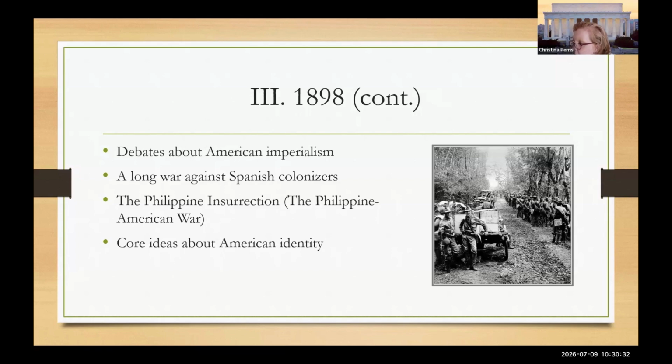Should a former colony established on the principles of freedom, liberty, and sovereignty become a colonizer itself? What was imperialism anyway? Many framed the Filipino conflict as a Protestant civilizing mission. Others framed American imperialism in the Philippines as nothing new, as simply the extension of a never ending westward American expansion.